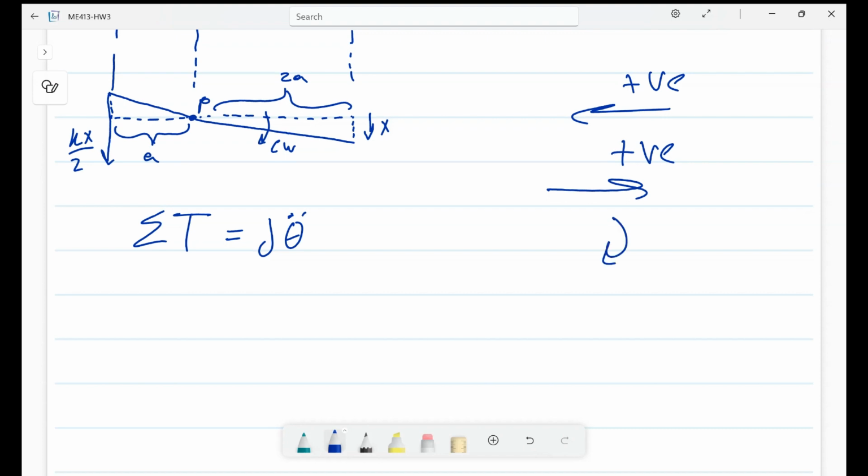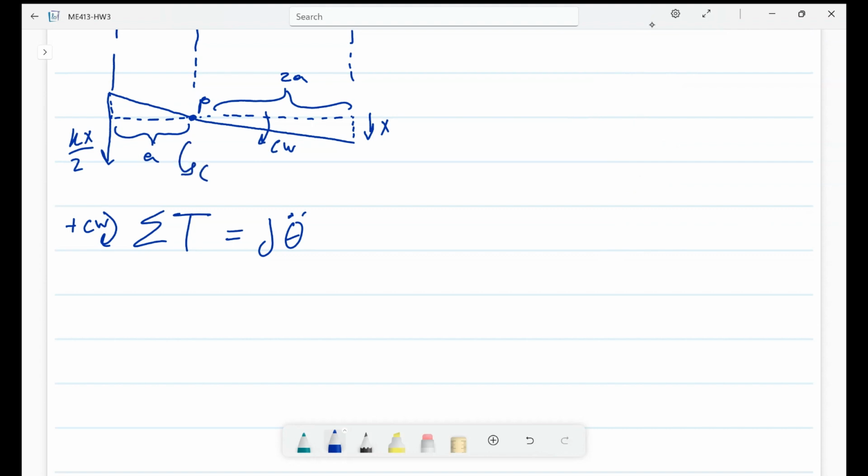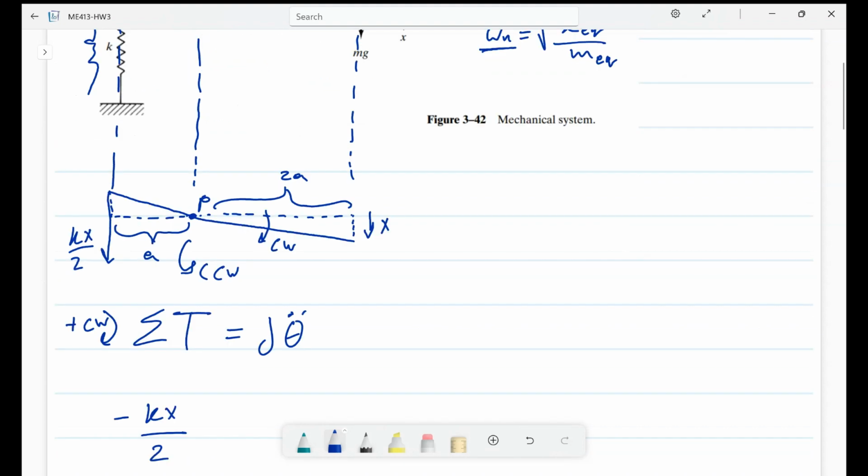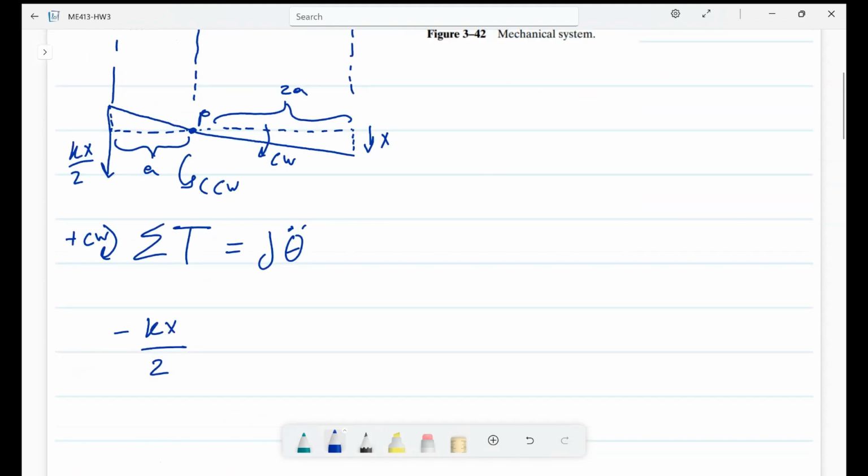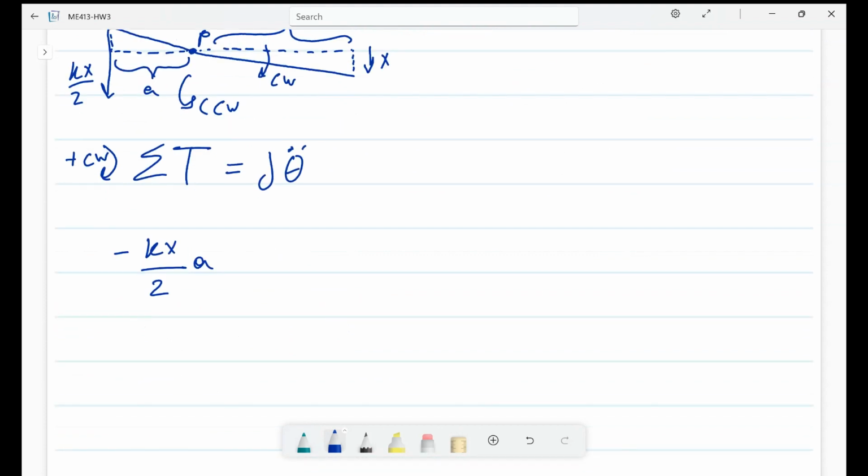If it's rotating clockwise, this is your positive direction, and vice versa. Here our system is moving clockwise, so our convention is clockwise. So this kx over 2 is doing a torque in the counterclockwise direction, so it will be negative. So minus kx over 2 multiplied by the horizontal distance a, and there is no plus, equal J theta double dot.